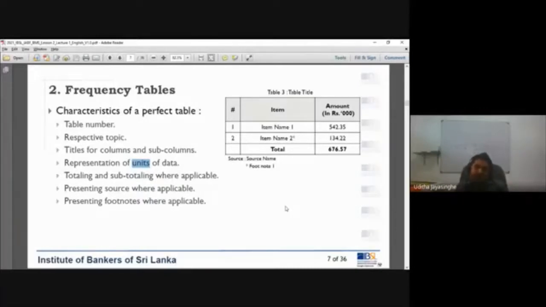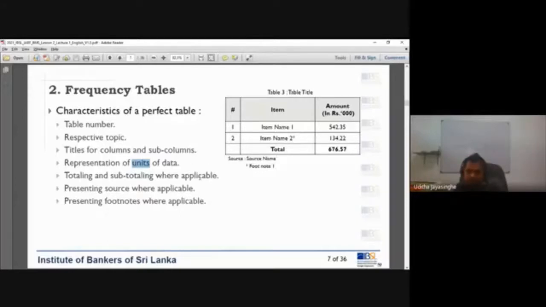So always put the units. Even if you are presenting raw numbers, put units in brackets. That gives a viewer a sense that this has nothing to do with decimals or thousands or millions, but is a raw number. That's the most important.